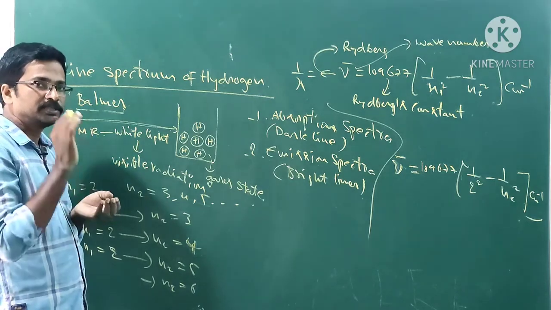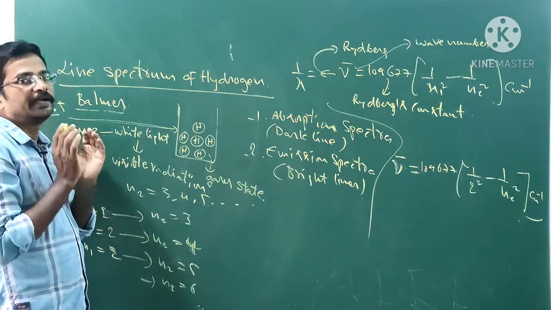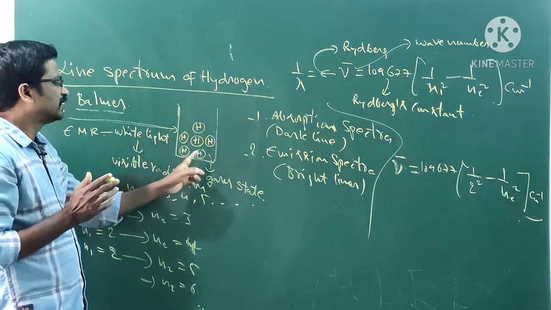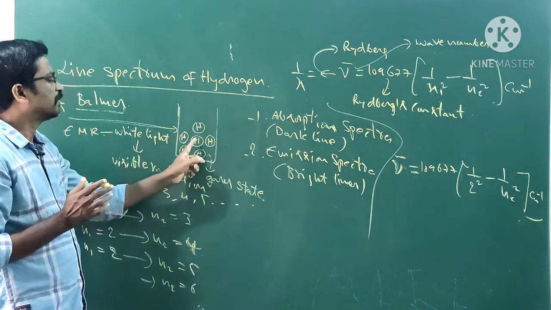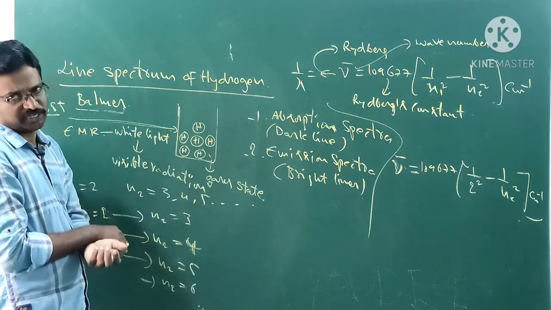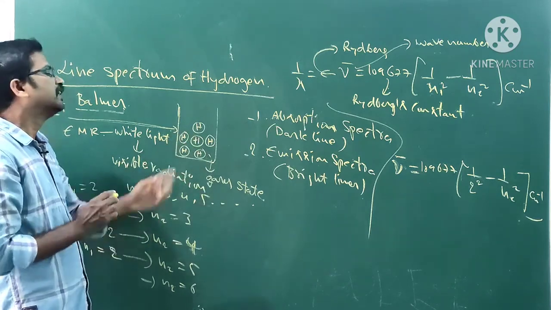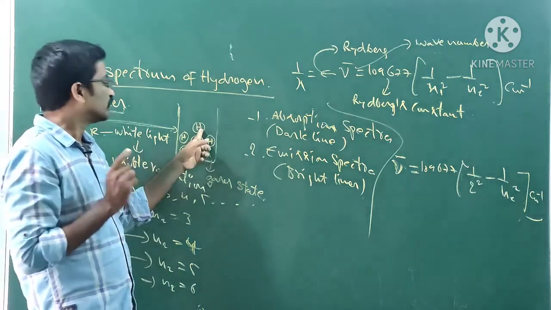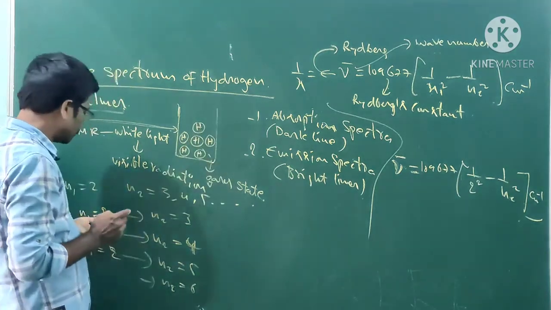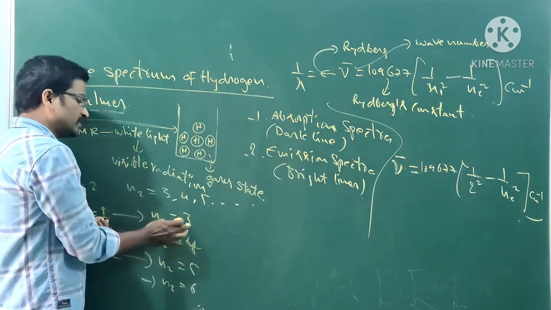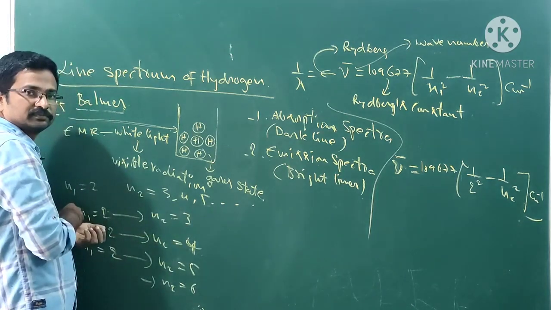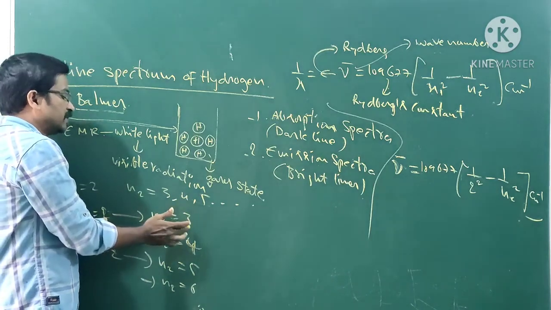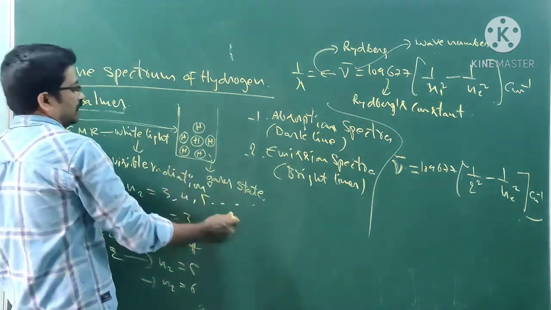This sample has a number of hydrogen atoms, not a single hydrogen atom. In one particular hydrogen atom, the electron goes from n is equal to 2 to 3, and then you get one line.